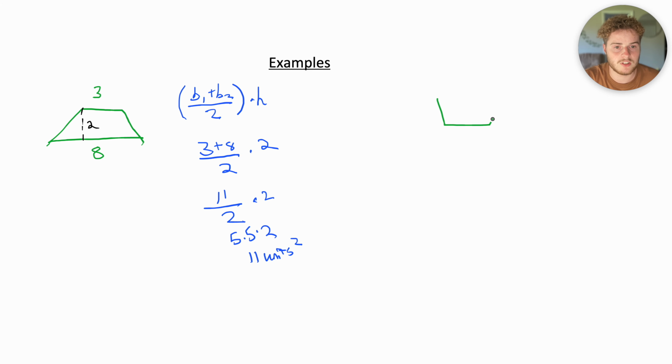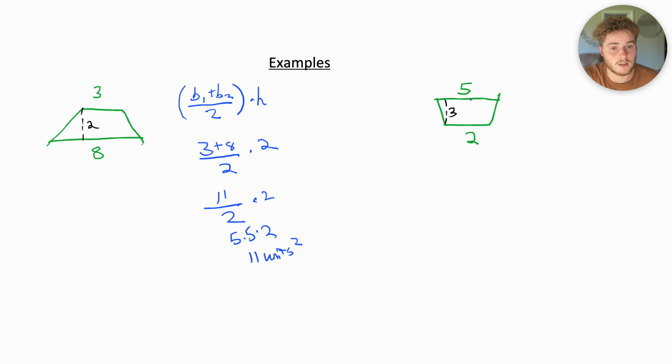So let's look at an example of another trapezoid. Let's say this top one is 5, the bottom is 2, and we have a height of 3, a little different so not everything cancels out. We can still use our equation for this, it doesn't change.